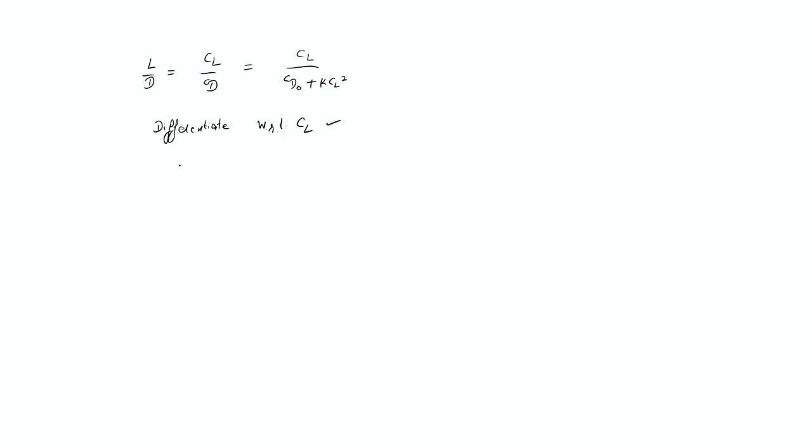So I can write d(CL by CD) upon dCL equals CD naught plus K CL square, whole square, into CD naught plus K CL square into 1 minus CL into 2K CL, equals 0.